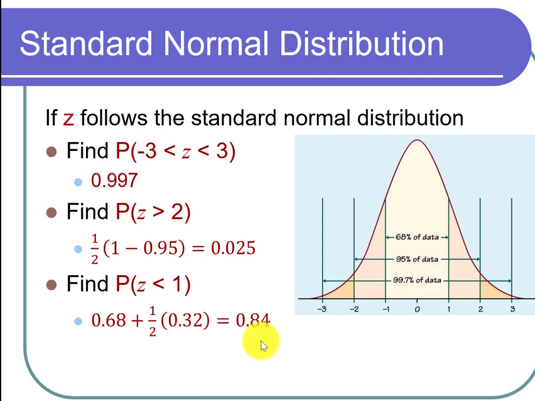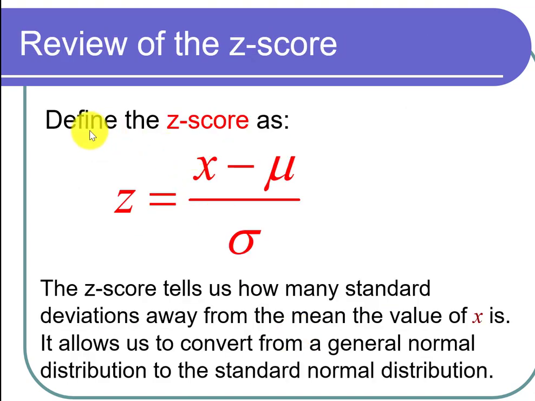Now let's talk about other kinds of probabilities. If we're not so lucky and we don't have a standard normal distribution, there's more work to do, kind of. If you don't have a standard normal distribution, you can always turn it into one by converting to a z-score.